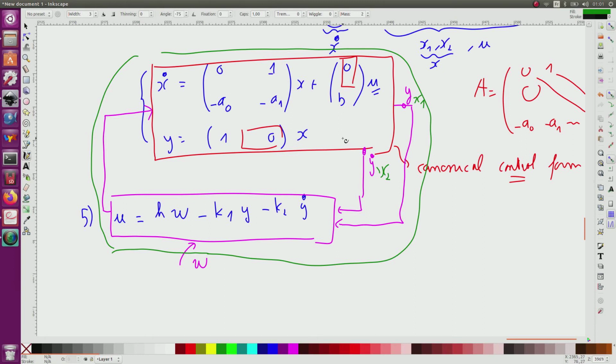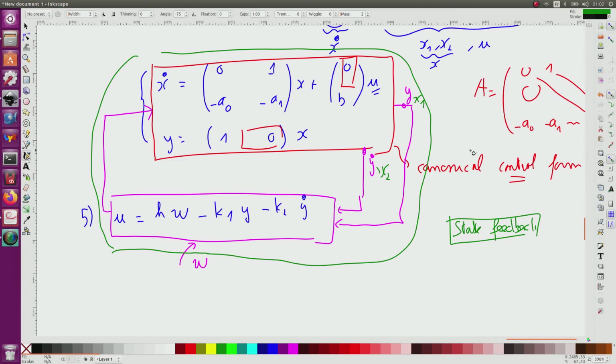So I assume that I am able to extract x1 and x2, and at this level I am performing what we call classically a state feedback. So the proportional and derivative controller can be seen as a state feedback without any observer.